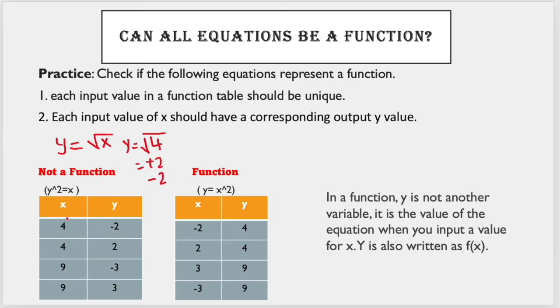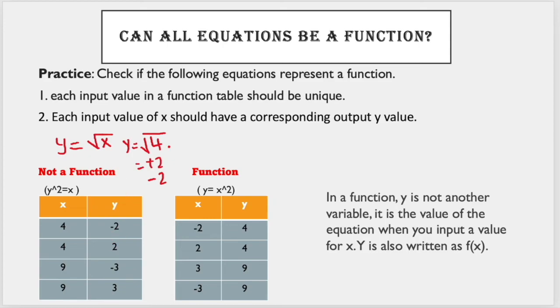That means for an input value of 4, it can have two output values, which are negative 2 and 2. And does that satisfy the criteria of a function? We have seen in our previous examples that if one input value corresponds to two different output values, that doesn't qualify for a function.